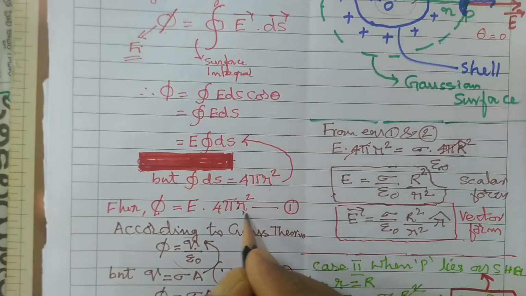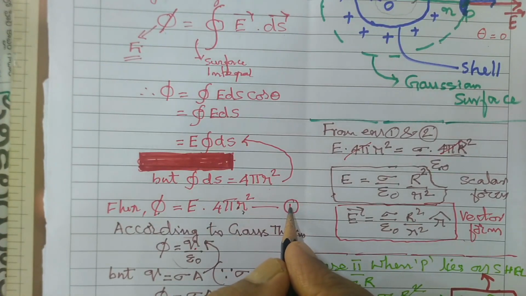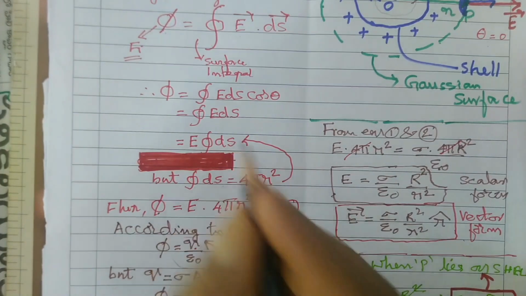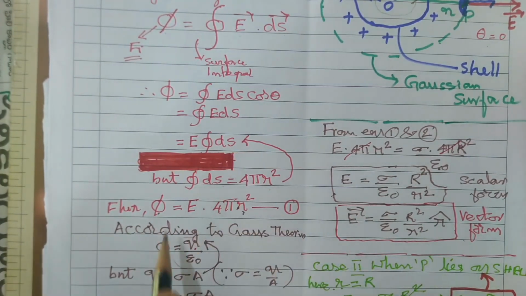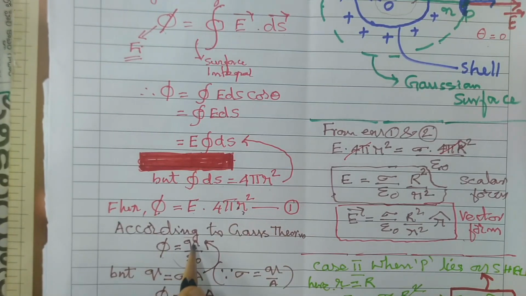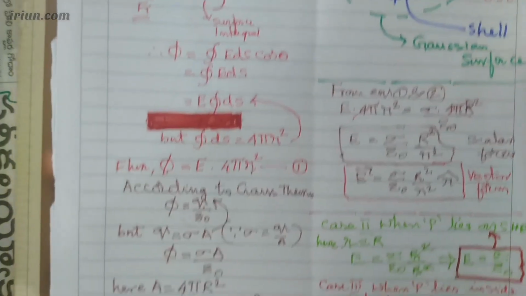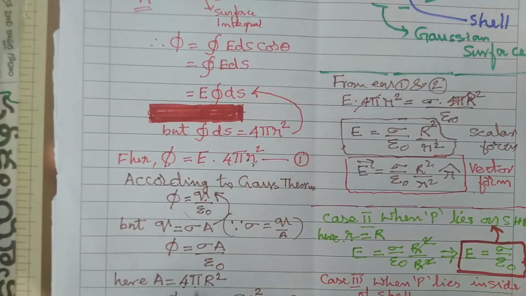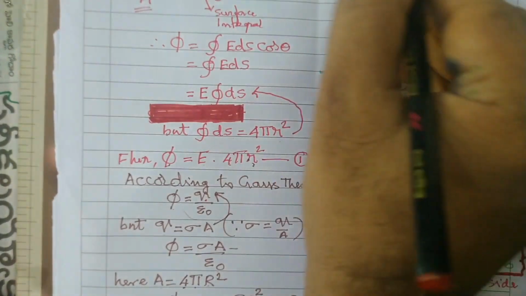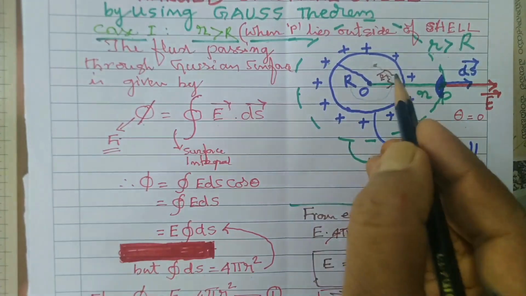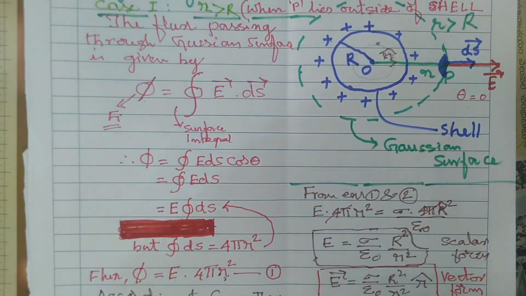Take this as equation number 1, after substituting the 4 pi r square: phi is equal to E into 4 pi r square. Now, according to Gauss theorem, phi is equal to q by epsilon 0, q is equal to sigma a. Substitute it here, then phi is equal to sigma a by epsilon 0. Here, a is 4 pi R square. This a represents the area of the spherical shell, not the Gaussian surface.